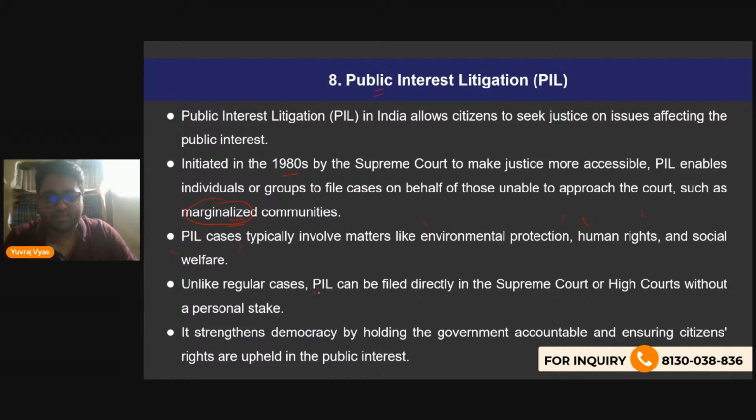Unlike regular cases, a PIL can be filed directly in the Supreme Court under Article 32 or the High Courts under Article 226 without a personal stake. It strengthens democracy by holding the government accountable and ensuring citizens' rights are upheld in the public interest.